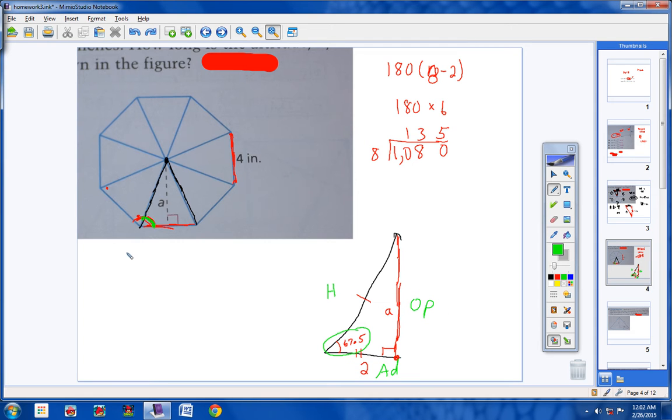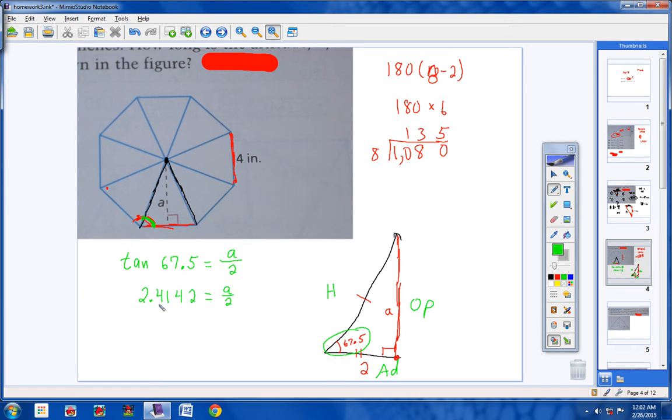Tangent of 67.5 equals opposite, which is A, over adjacent, which is 2. Now, the tangent of 67.5 is nothing more than a number, and it's going to be 2.4142. Now, your denominator of the fraction is 2, so we're going to multiply both sides by 2.